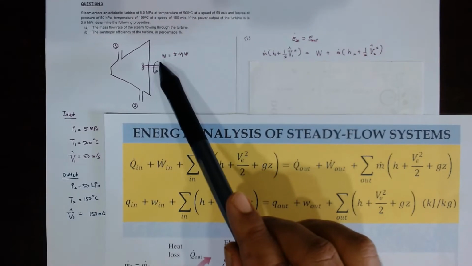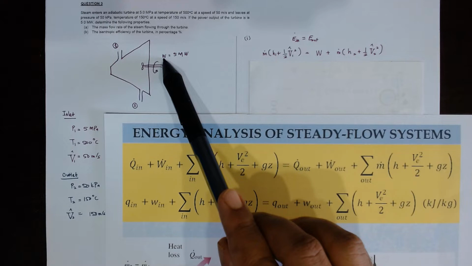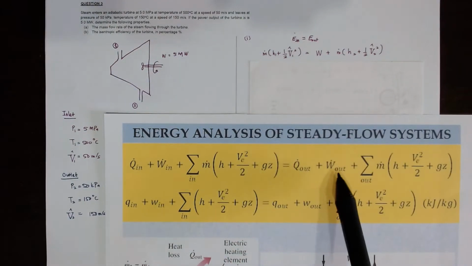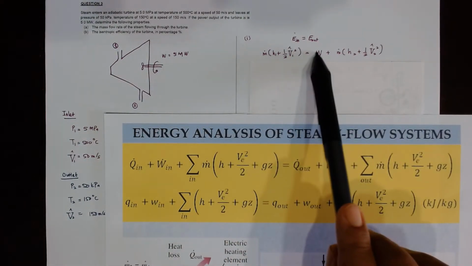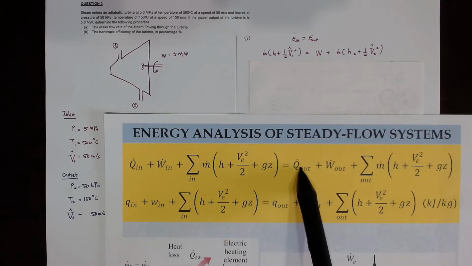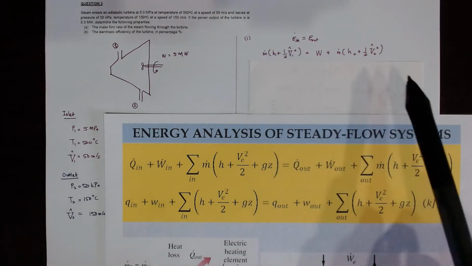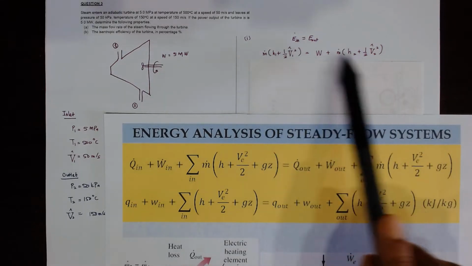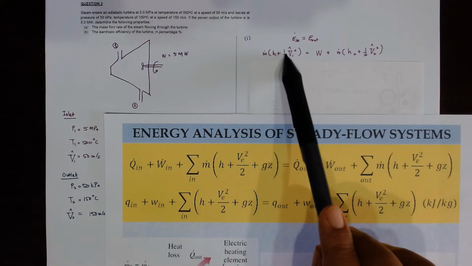So first we have to do the analysis. Because there is W out, the out is here, so there is no effect of Q, so there is no Q. So what about the inlet? The inlet and outlet here remain the same. Why?